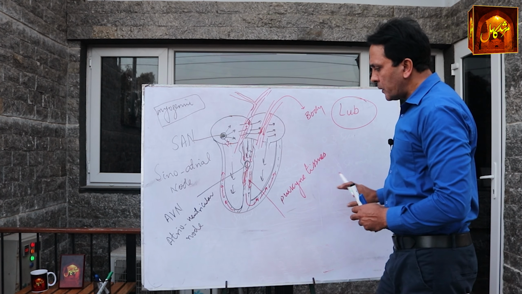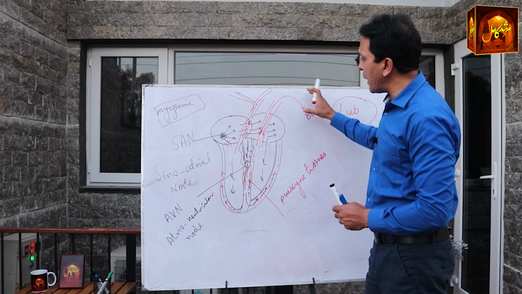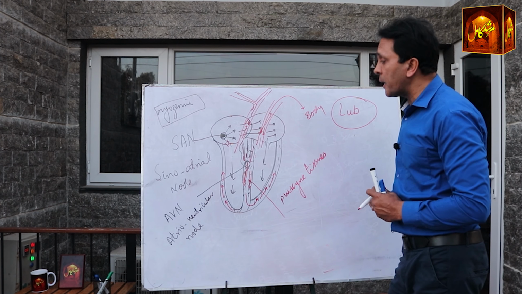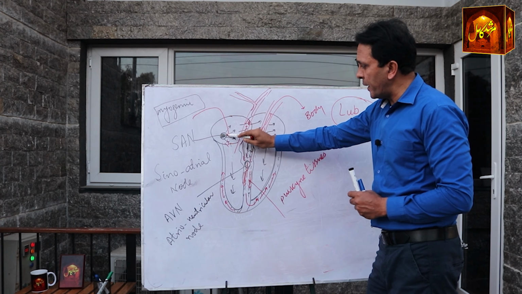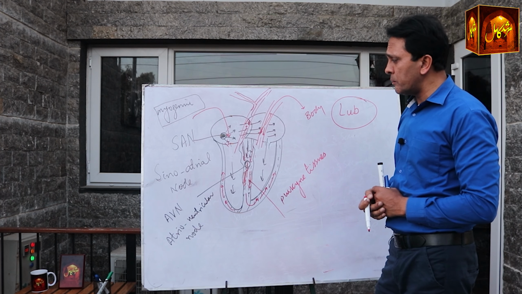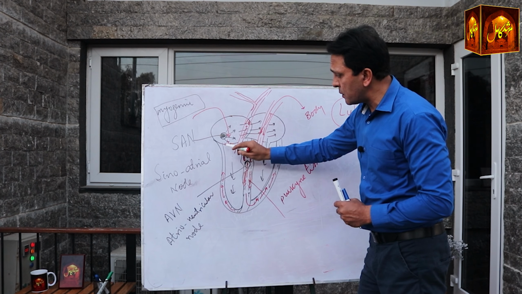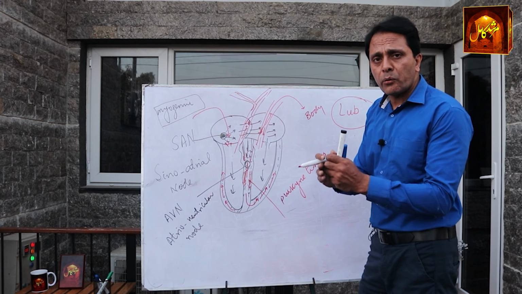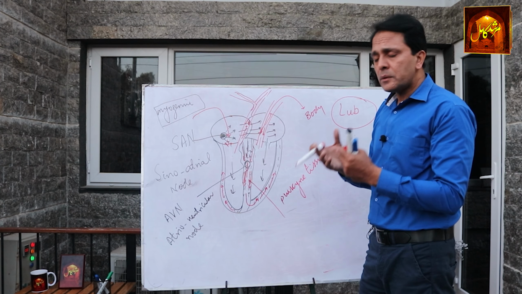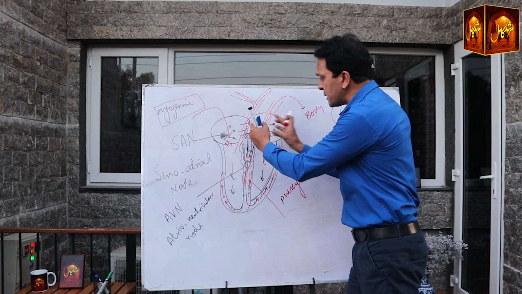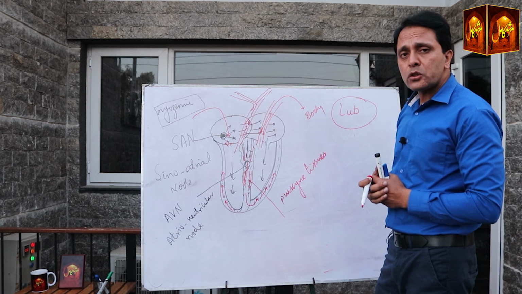Again, the blood that is coming from the body, or from the lungs, enters into the atrium, the atrium contracts, and these atrioventricular valves get open. Meanwhile, the semilunar valves snap shut. When they snap shut, again another sound will be produced, that is called dub.